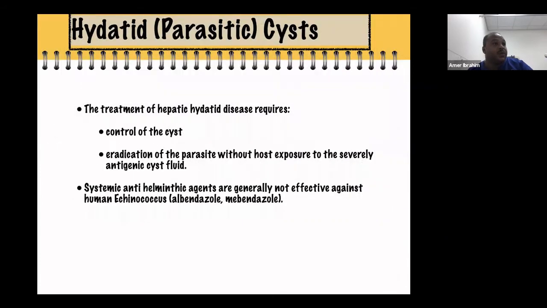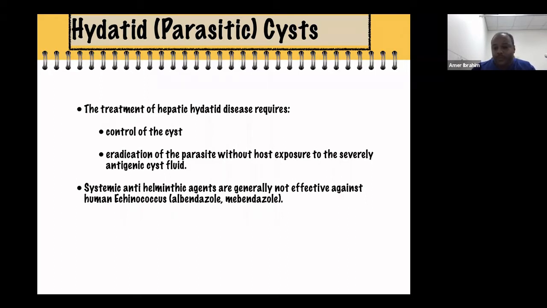The treatment of the hepatic hydatid cyst requires control of the cyst if it's active, starting with antihelminthic medications for 2 weeks, in the form of albendazole or mebendazole, and then you will attempt the definitive treatment. It could be done percutaneously, in the famous PAIR technique: puncture, inject a scolicidal material, re-aspirate, and then re-inject again.